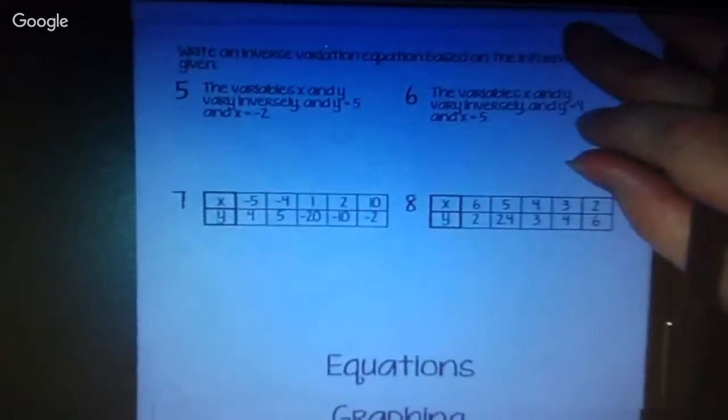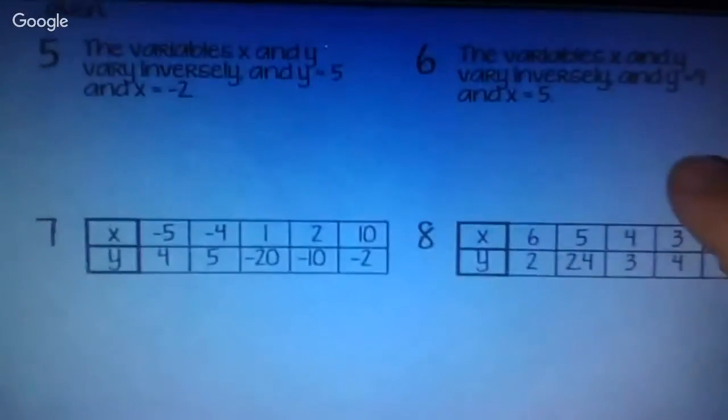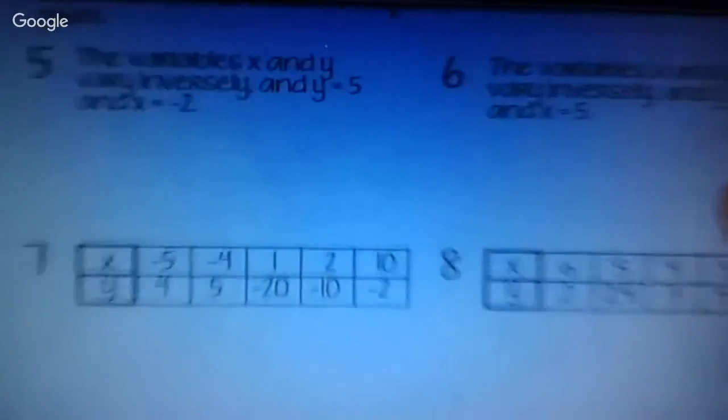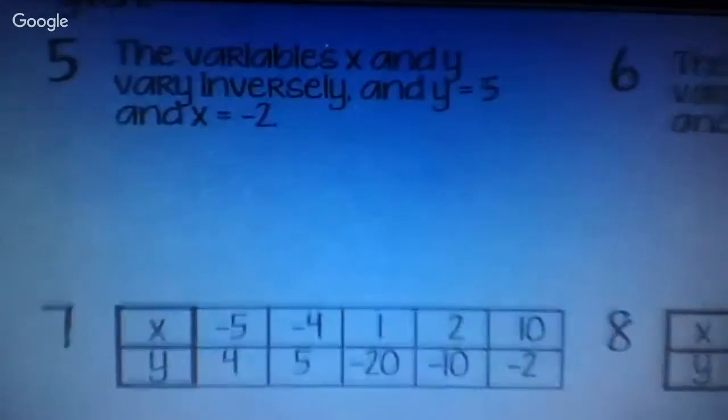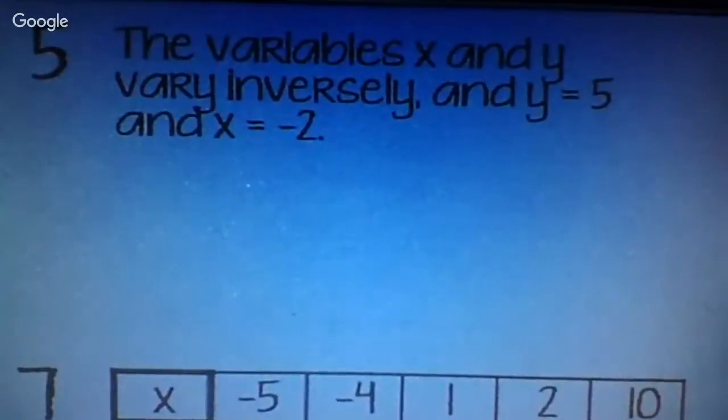All right. We need to be able to write equations, just like we did with direct variation. Blow this up a little bit. A lot of it. There we go. Now, if you can't see this, you definitely need to get some glasses.